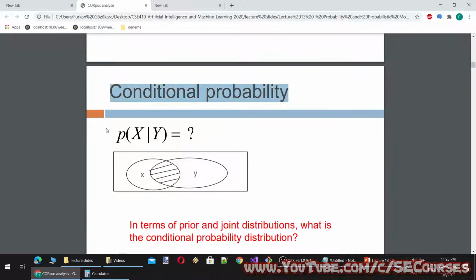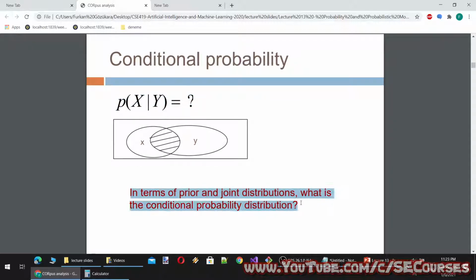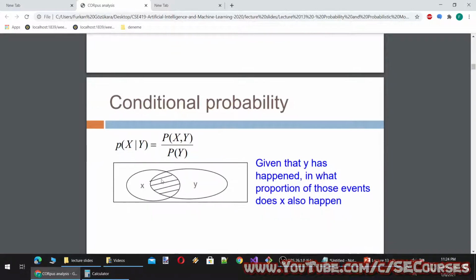So the conditional probability is something like this. In terms of prior and joint distributions, what is the conditional probability distribution? There are prior and joint distributions and the conditional probability distribution.